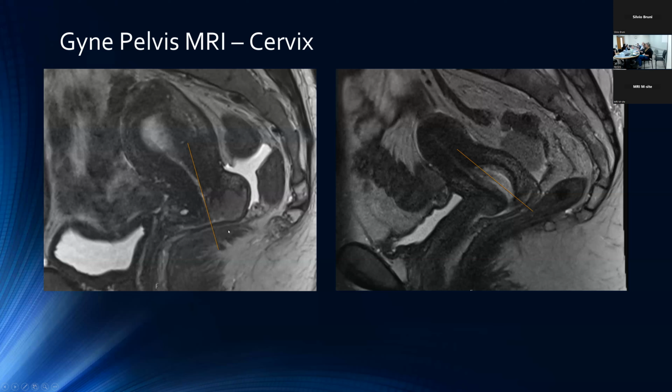But again, our axis for the long axis acquisition should remain along the long axis of the endocervical canal, with the short axis acquisition perpendicular to that line.